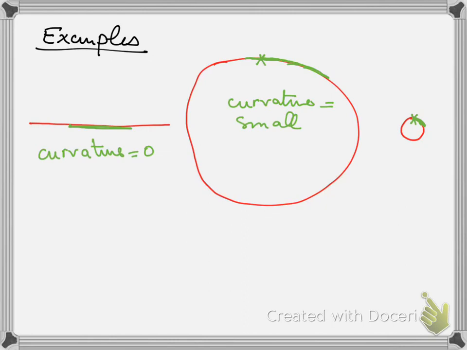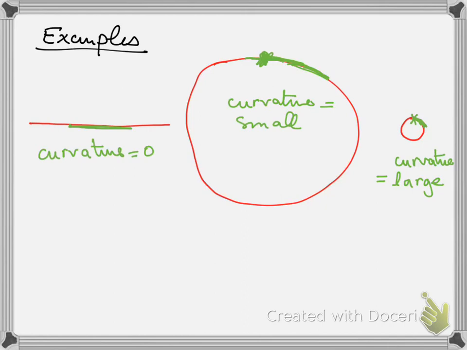So in this case, the curvature is going to be large. Again, on a straight line, you don't change the direction, so the curvature will be 0. On very large circles, a point looks flat, but it's not, because later you're going to change the direction, so the curvature will be small. It's going to take time before changing direction. And here you change the direction very quickly, because it's a very small circle, so the curvature is going to be a really large number.